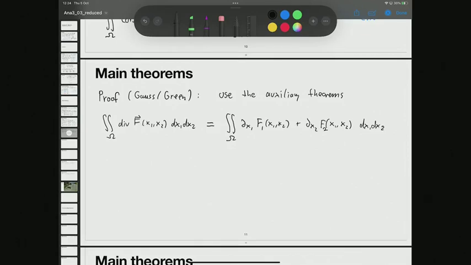But if you have those two terms, you can now use the auxiliary result and express them already as curve integrals, just straight away. So the first term then becomes, we multiply the first component of f with the first component n1, and we multiply the second component of f with the second component n2 of n.